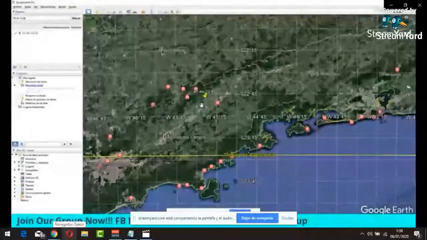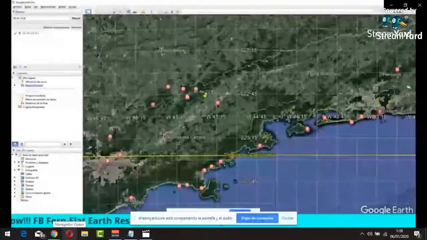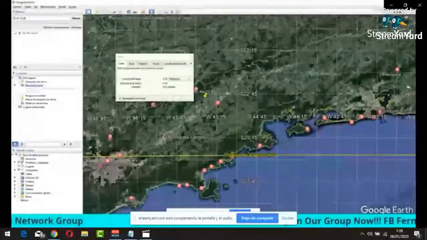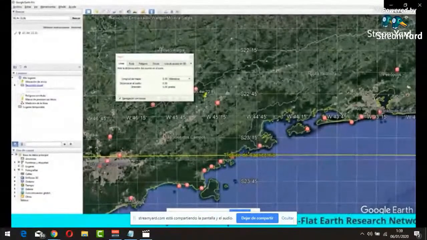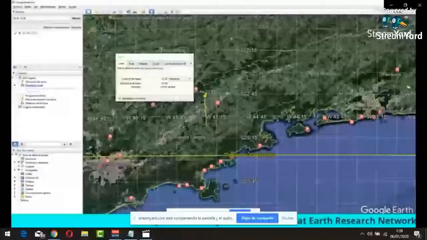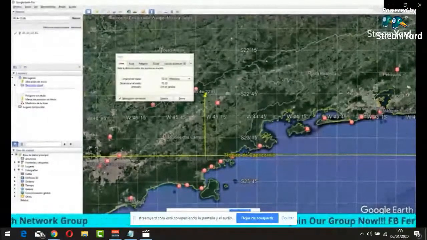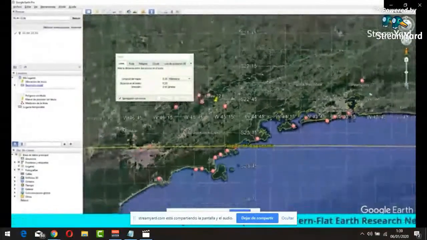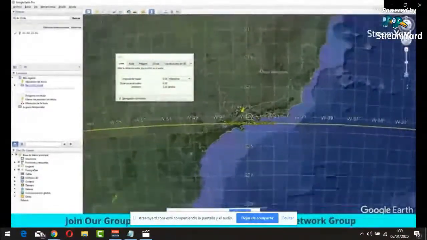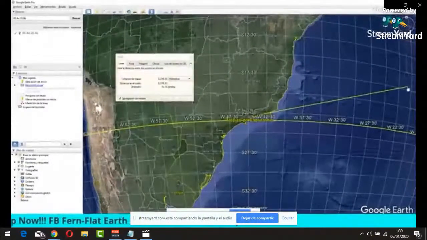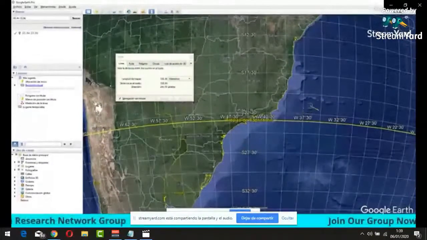This is the saddest point where the sun was seen, and it's not in Capricorn. It's 72 kilometers away from Capricorn. So what happens? The sun doesn't pass exactly by Capricorn.